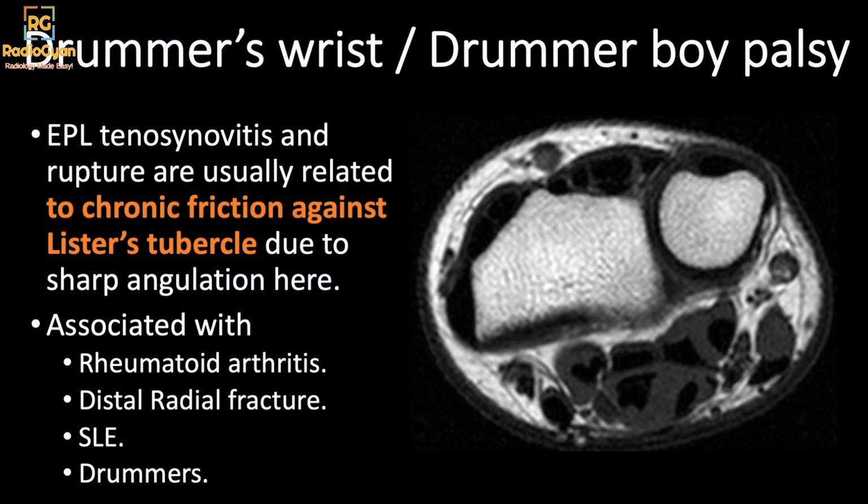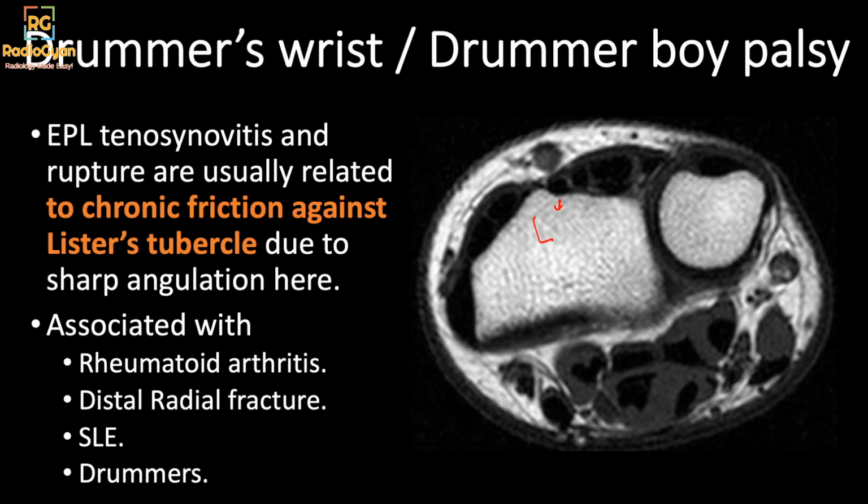Okay, so the Lister's tubercle is here, and the extensor pollicis longus tendon travels very close to the Lister's tubercle, so that can give rise to chronic friction and a pathology known as drummer's wrist or drummer boy palsy. Another cause for this is distal radial fractures.